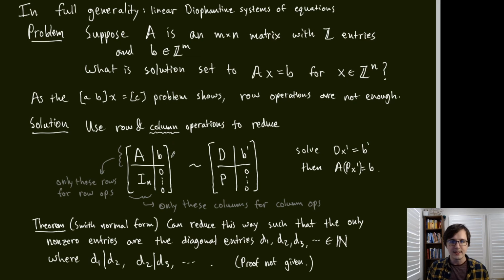Okay, so here's the procedure. We make this block matrix where we have the augmented matrix in the first two blocks, and then the identity matrix down here. And these zeros don't actually matter, it's just to fill it out. Then what we want to do is apply row operations of the type that don't scale by anything but units for the first rows, because we don't want to do any row operations down here.